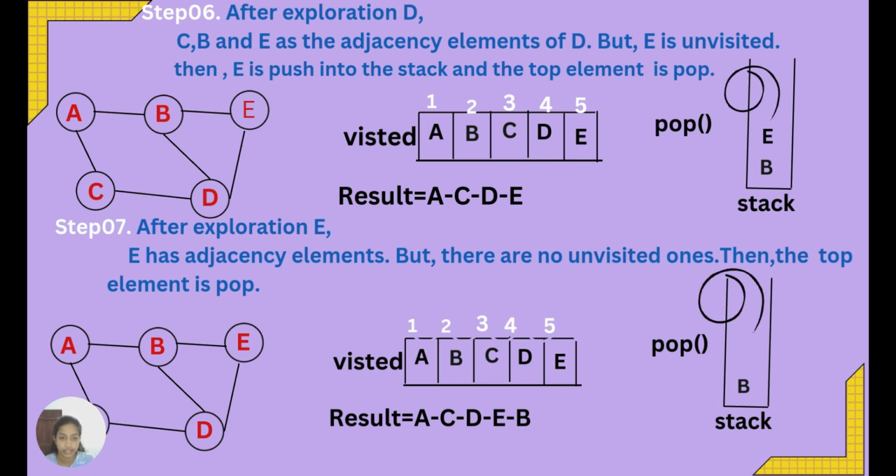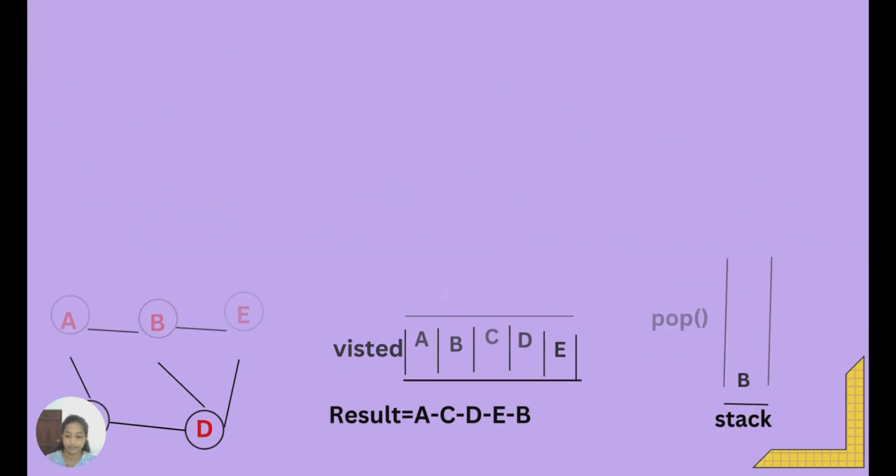After exploration, E has adjacency elements, but there are no unvisited ones. Then the top element is popped. Result A, C, D, E, B.